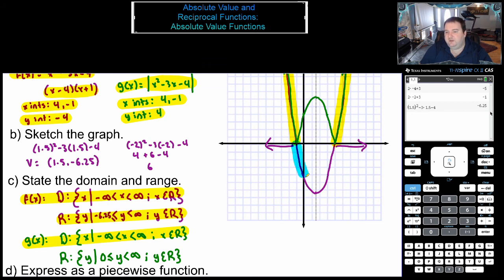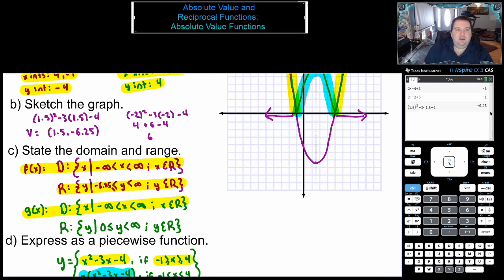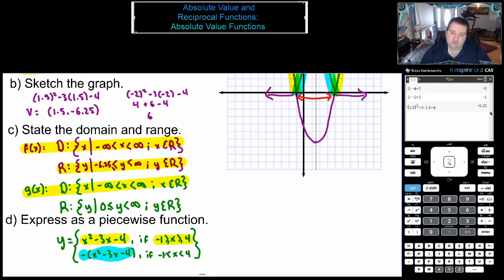If I take all of these values that are negative and I make them positive, which is this piece right here, this piece is created by taking our original function and making it positive, which is what this says. When does that happen? Well, that happens in between -1 and +4. And so when x is greater than -1 and less than 4, that is our second piece. And there you have your two pieces.